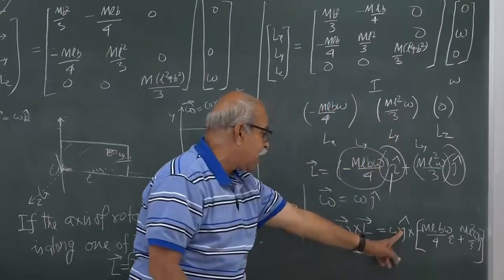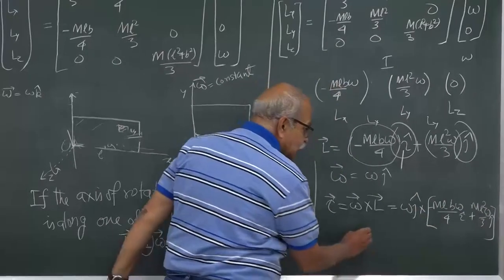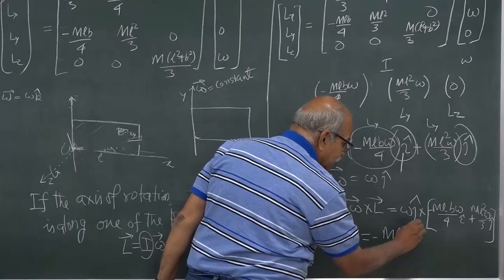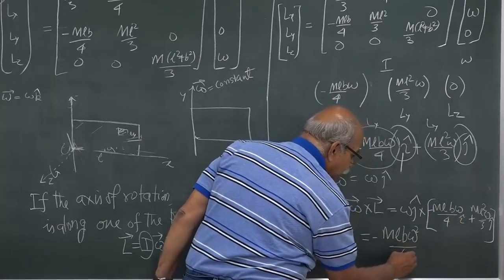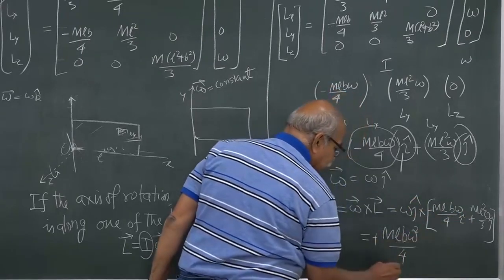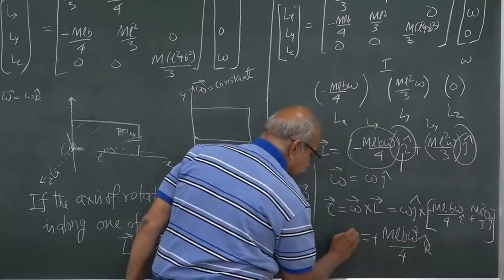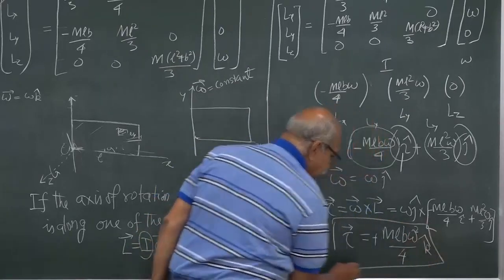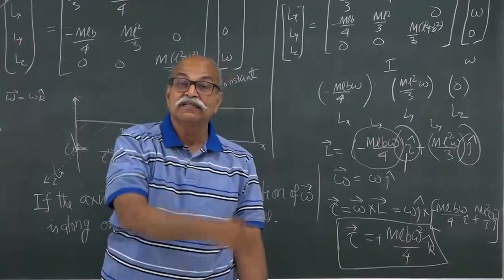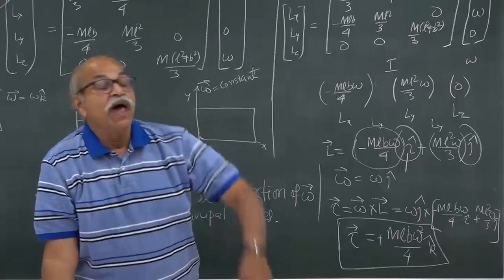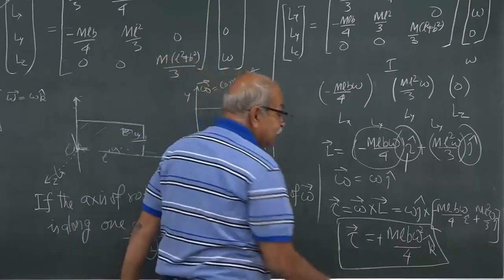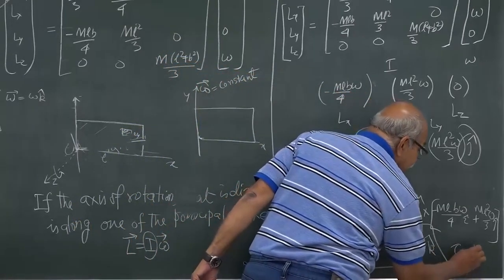The cross product j cap cross j cap is 0. So you have minus m L b omega square divided by 4, and j cap cross i cap is minus k cap, so plus here and k cap here. This is our torque. To maintain uniform angular velocity of this plate, you have to apply this much torque. So torque equal to I alpha will not work.